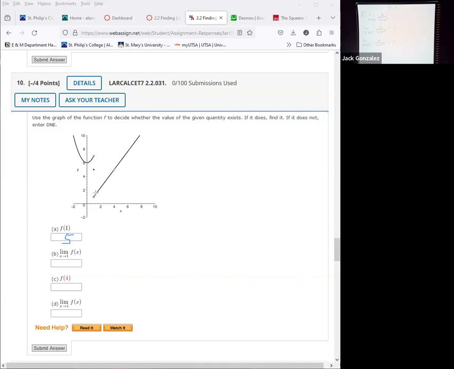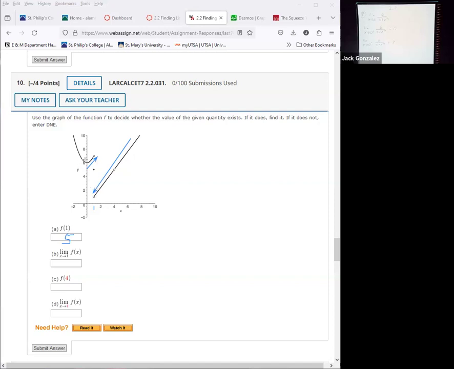So 1's right here. Approach it from the right side of the graph. It looks like it's going to what? What Y value? Yeah, it's going to be 1. And from the left, it looks like 7, right?